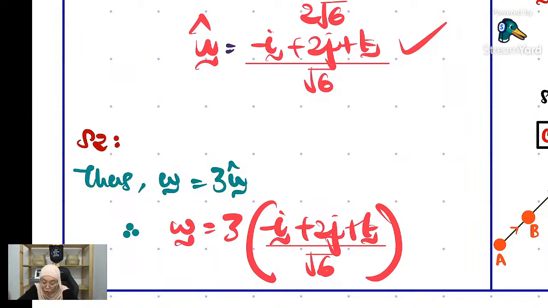And so we can stop there. Or some of you might want to expand it inside.